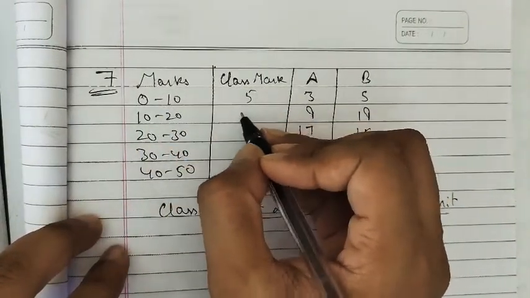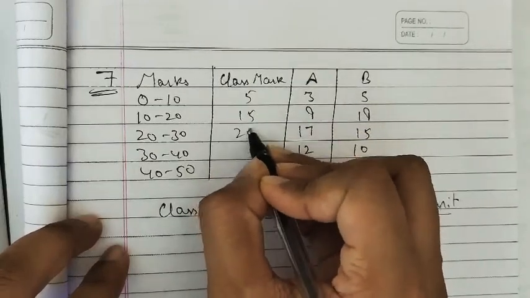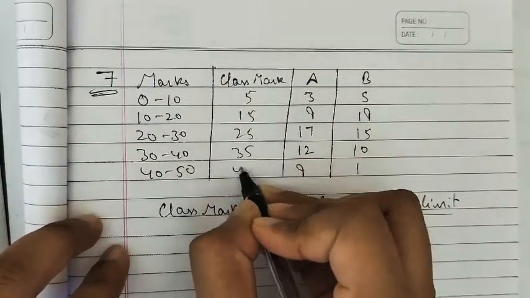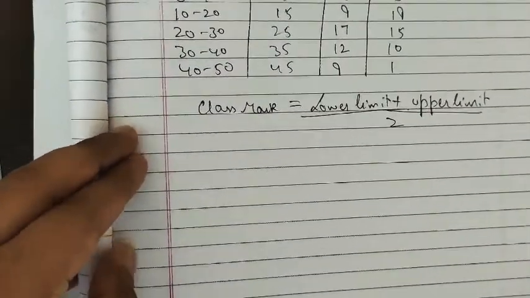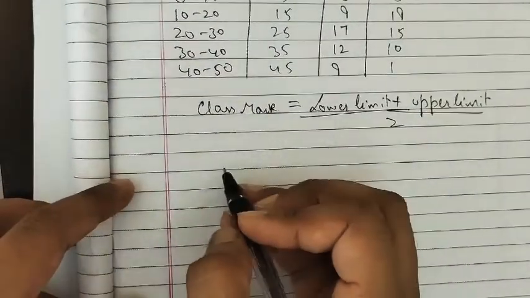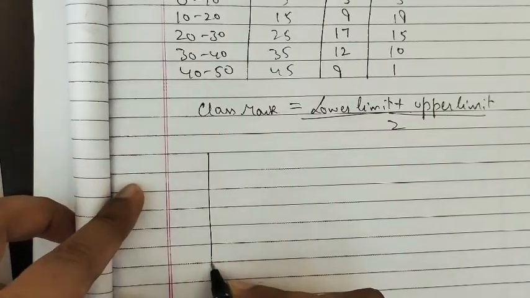10 plus 20, 30, 15, 25, 35, 45. Now we have to draw this on a graph paper, right? So let's take this.